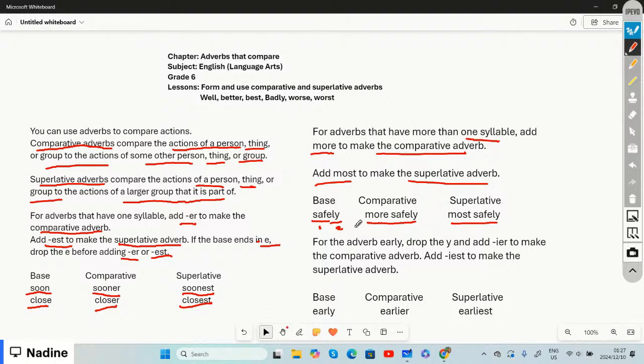And we see that for the adverb early, let's say we have an adverb early, like over here, two syllables, which is more than one.